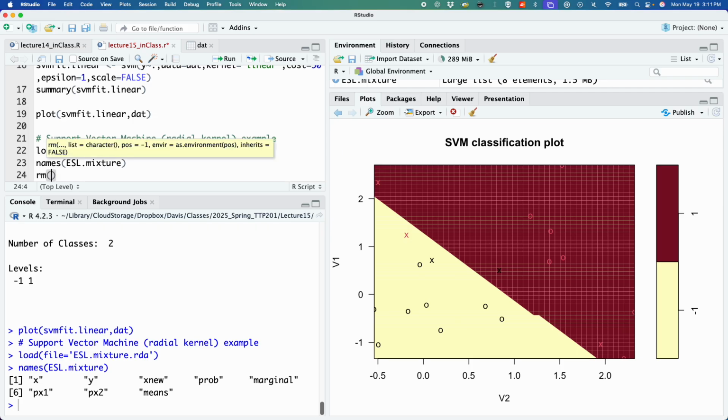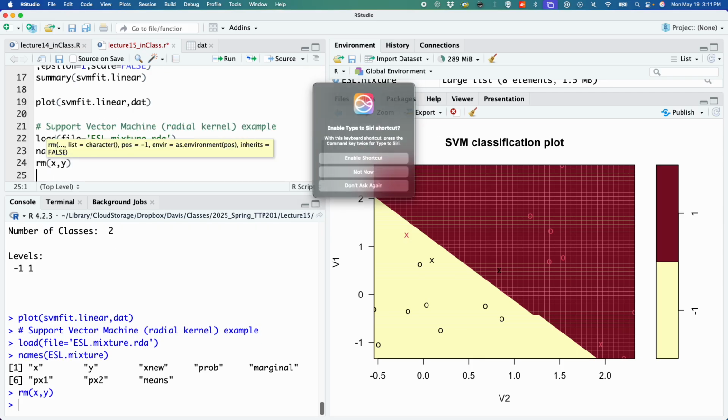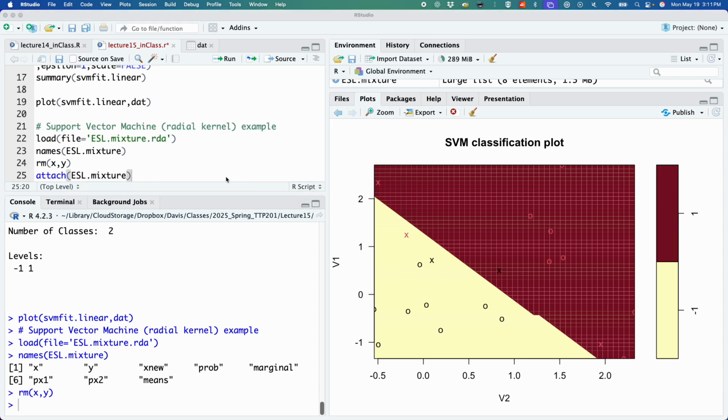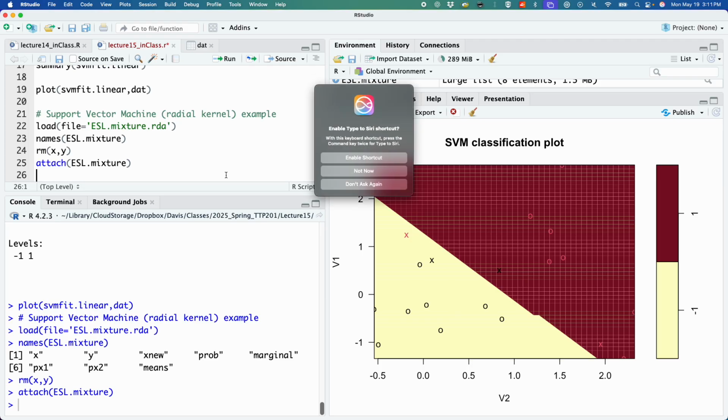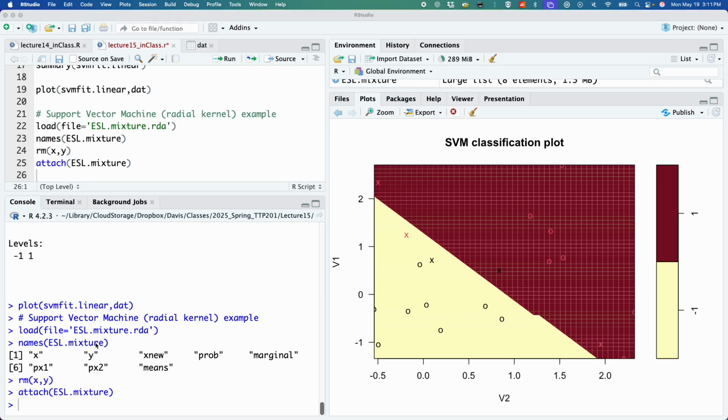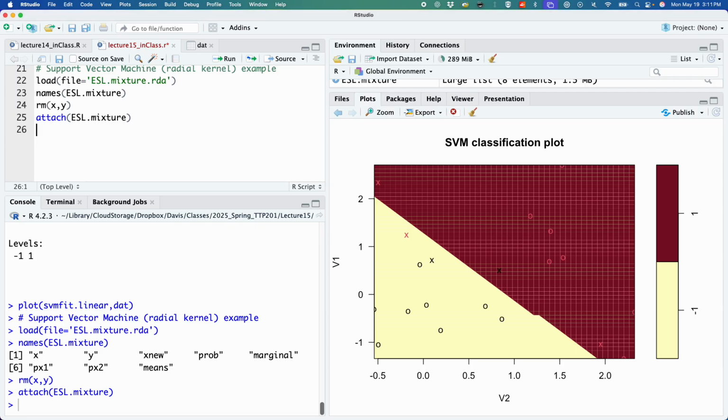I'm going to remove X and Y and attach ESL mixture. Okay, so let's do a plot.